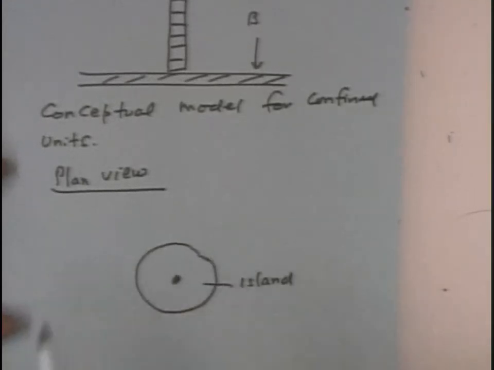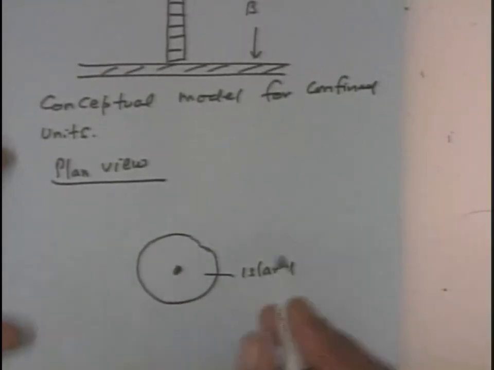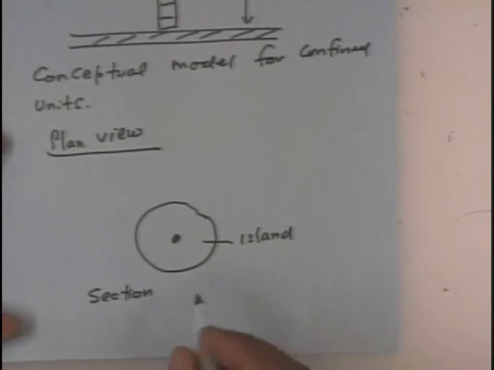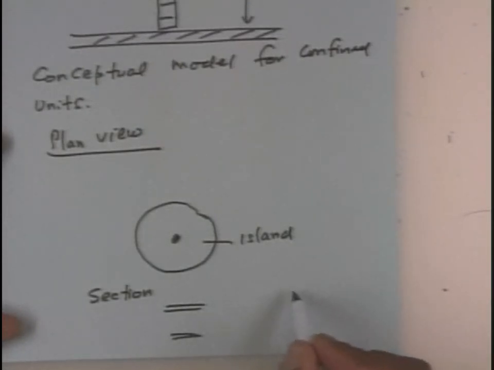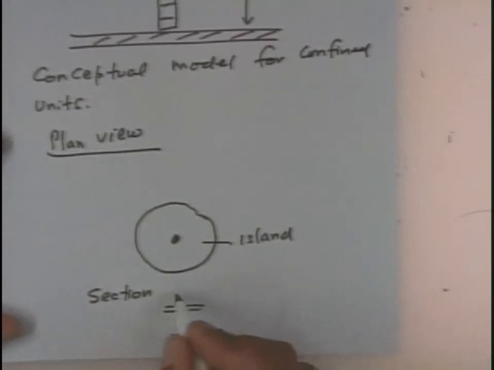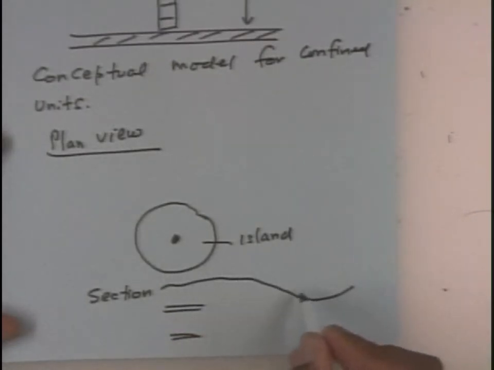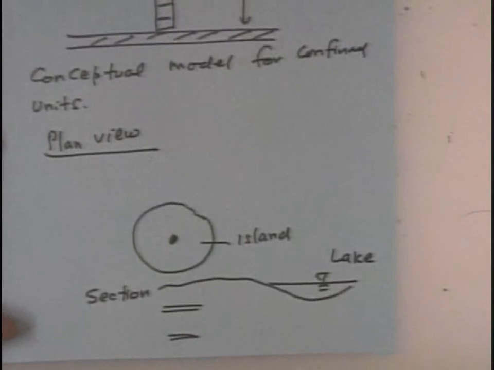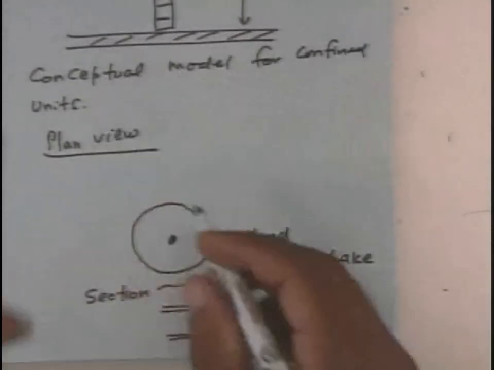If you take a section, the island will look like this. Basically, it will have a confining unit running along all the way, and this is my lake. Can you visualize that? So the lake is all around.